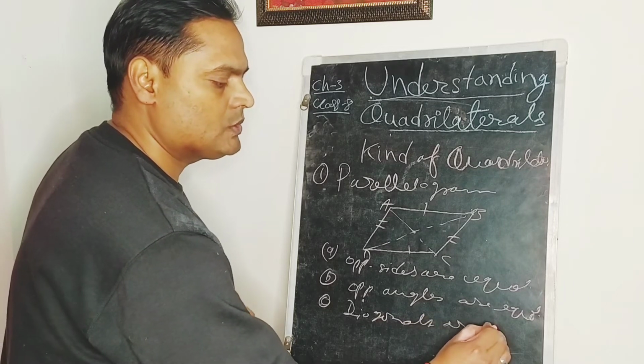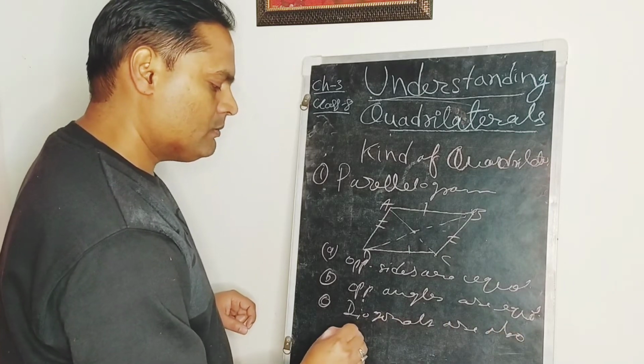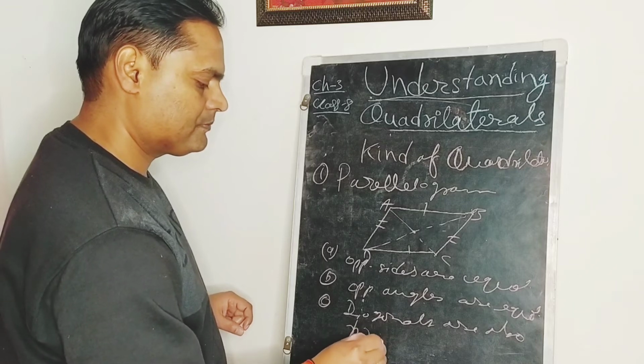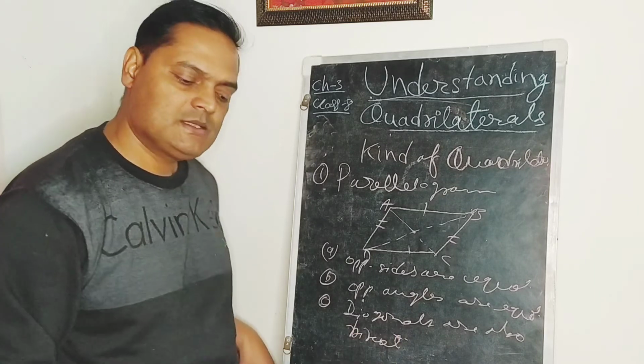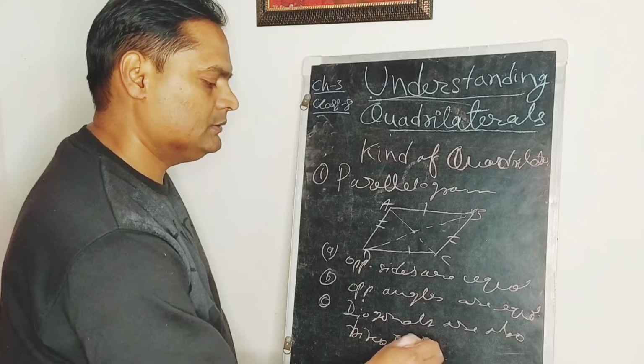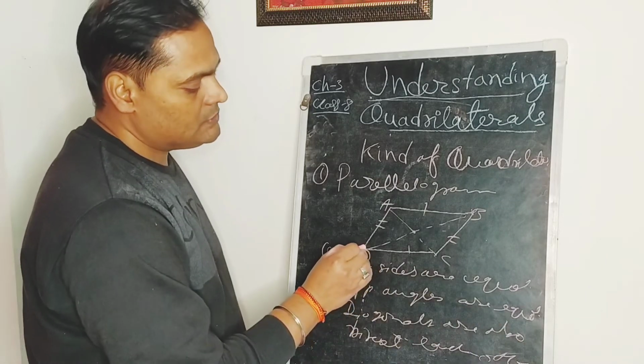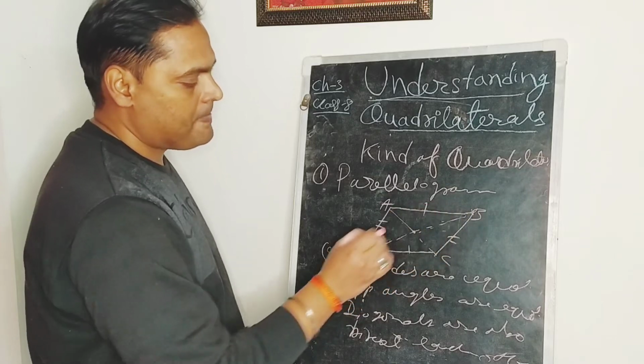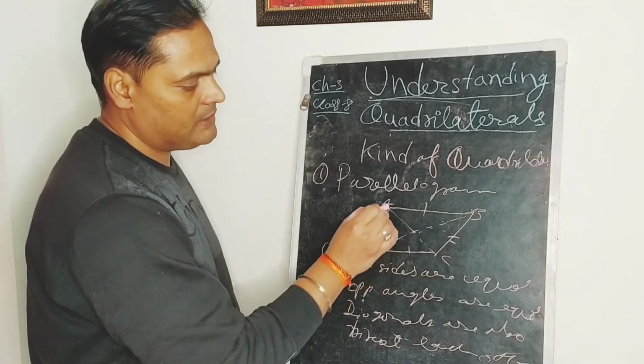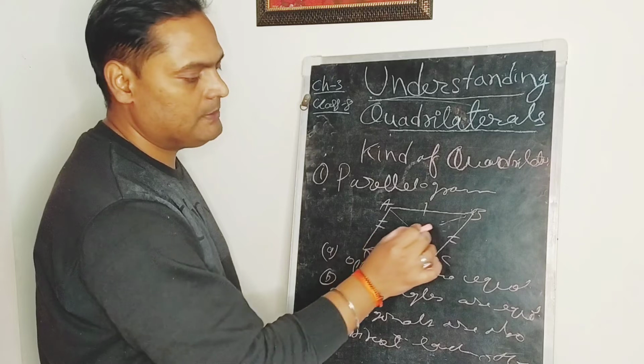So diagonals also need to bisect each other, we can say that. So these are the diagonals, which join opposite vertices, and this is AC and this is BD.